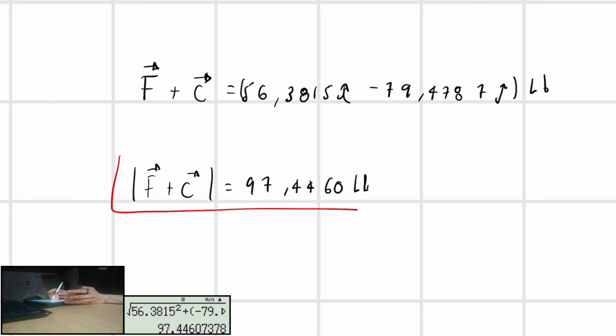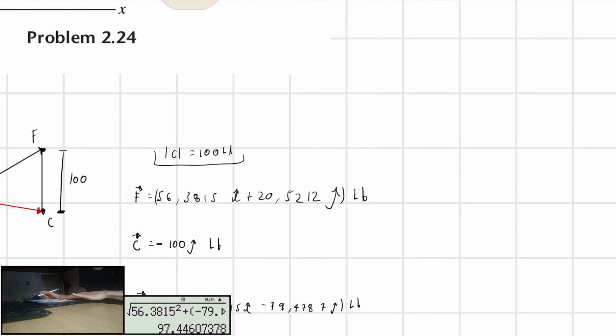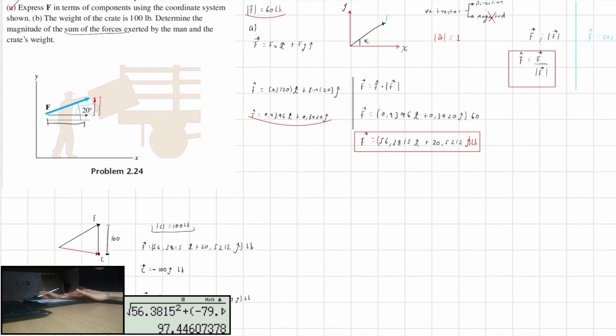And this is our second answer, guys. This is how you can solve this exercise.